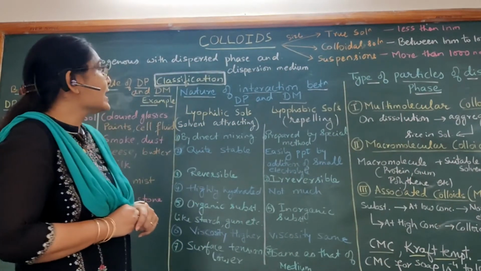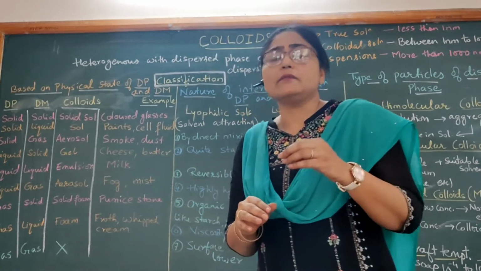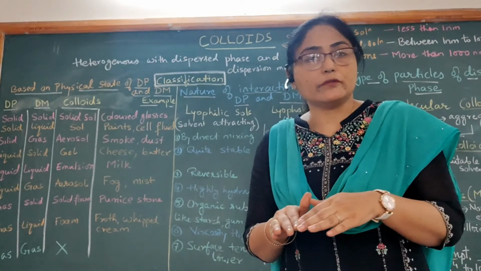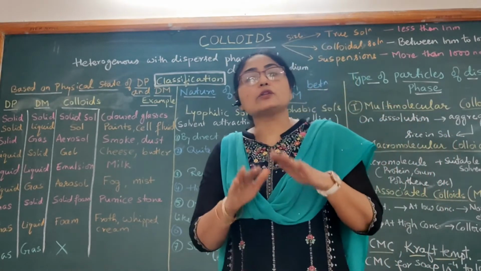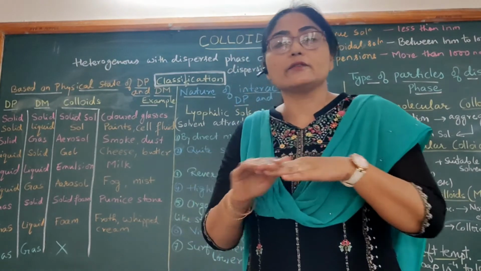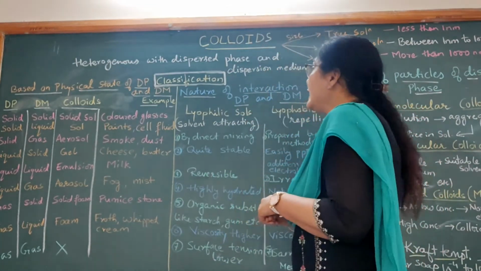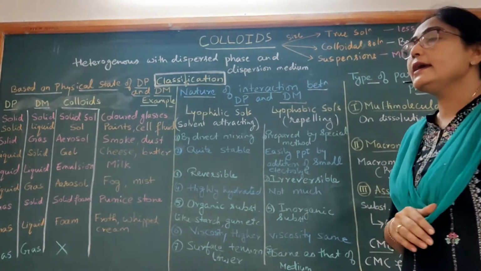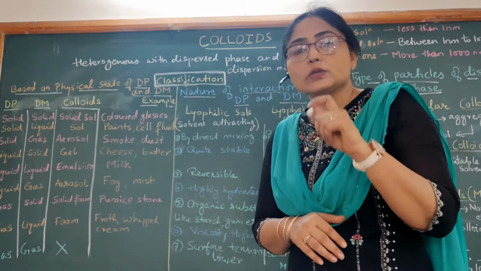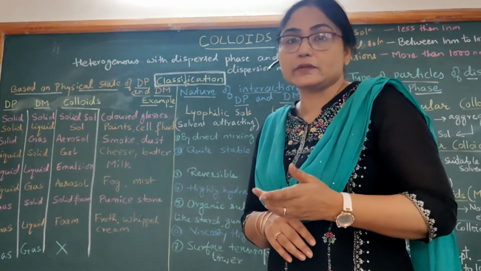Now, why this chapter? Because colloids undergo adsorption phenomena and show surface chemistry phenomena. They are basically showing surface phenomena. Colloid particles are so small that they show enhanced surface activity.